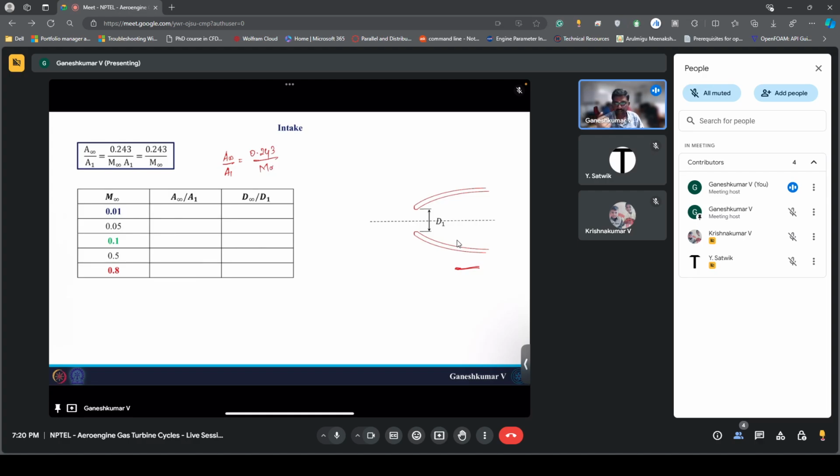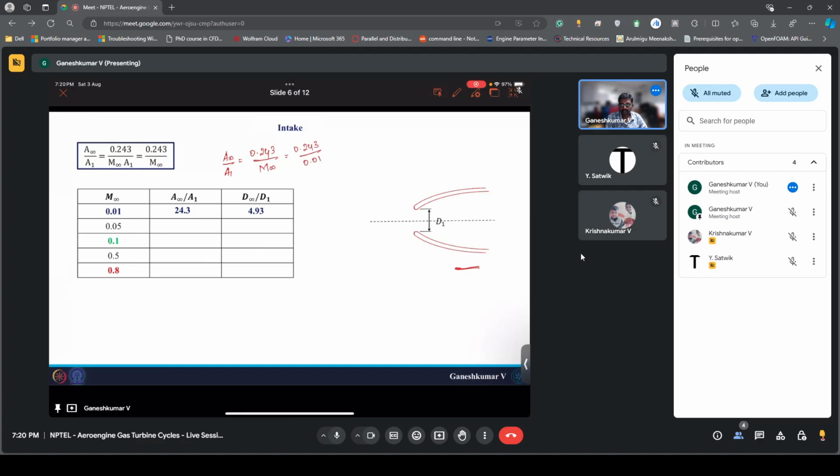So you just substitute M infinity to be 0.01, which corresponds to 24.3. So I will have an area ratio of 24.3, and I also found the diameter ratio.